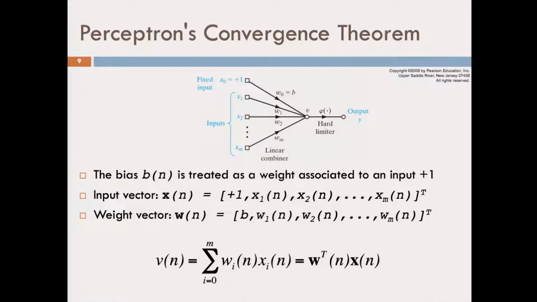So I have W transpose multiplied by X, okay? And this gives me a number, okay? This number is almost the output of the neuron, okay? This is the activation potential of the neuron. So this linear combination will be given as input to the sign function that will give me +1 or -1.